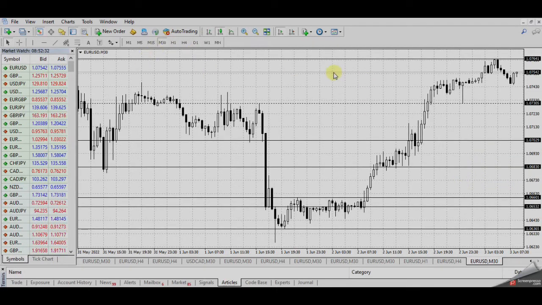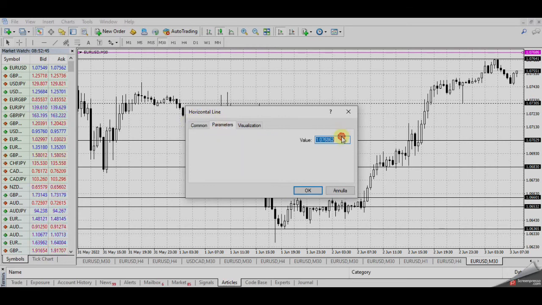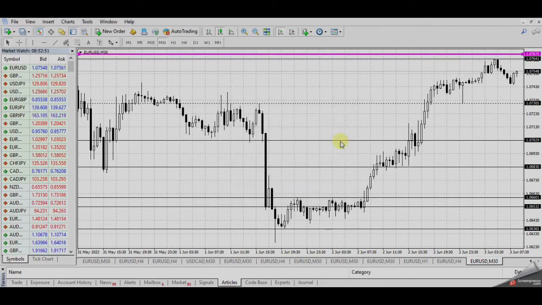We have a buy stop at 0.775, 0.7775, okay, 0.7767 is a buy stop.